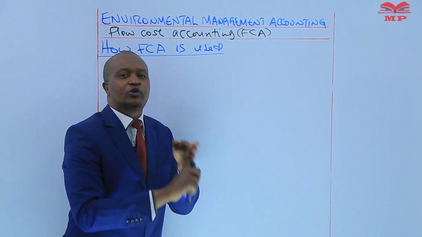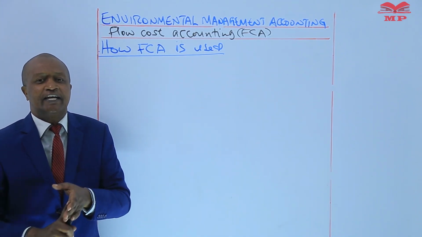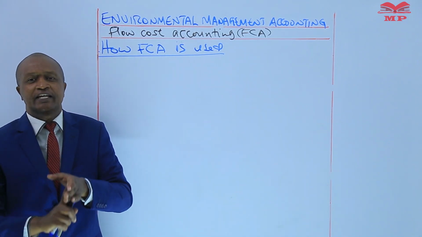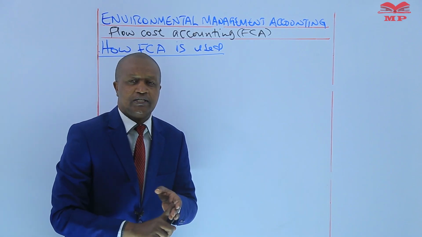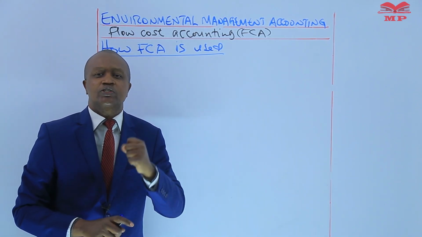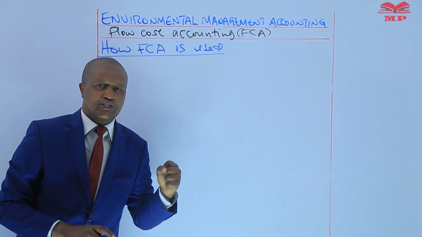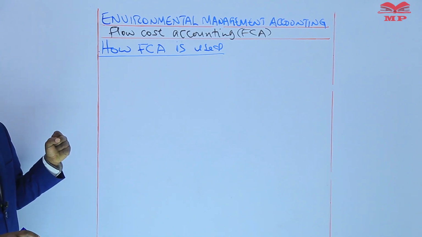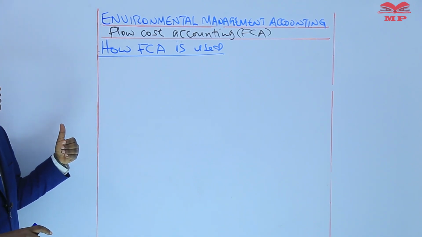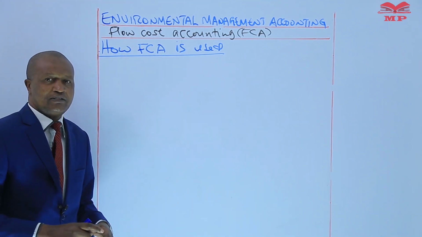Number 4, identifying environmental costs. Then number 5 is allocating environmental costs. Those are the 5 stages that can be undertaken in using the flow cost accounting technique.